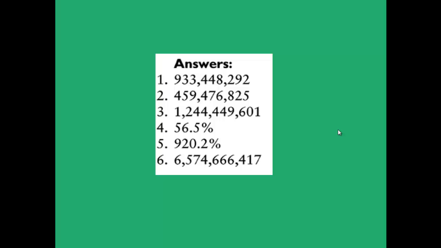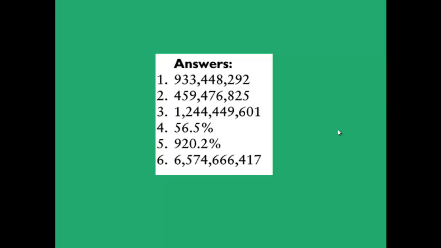What was the population of Africa in 2007? The population of Africa in 2007 is 933,448,292. This is the population of Africa in 2007.